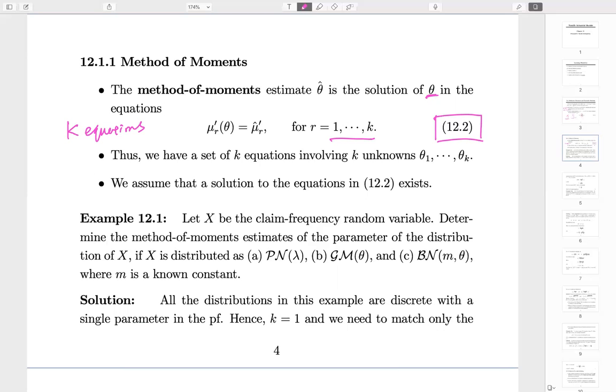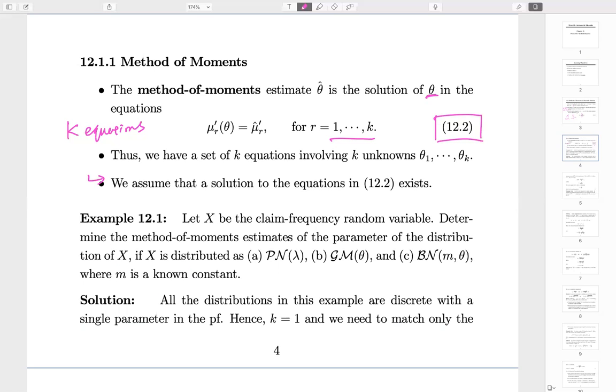But here we assume we are able to find a solution from this system. This is our assumption. In most of our examples, this is indeed the case. But of course, there could be some counterexamples under which you will not be able to find a solution. It's possible. So now let's take a look at the example. We have example 12.1.